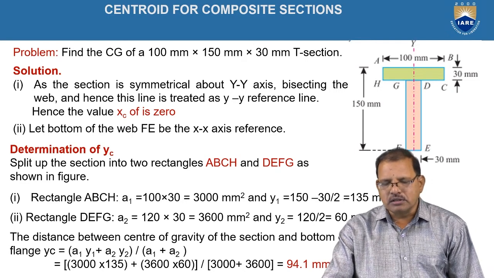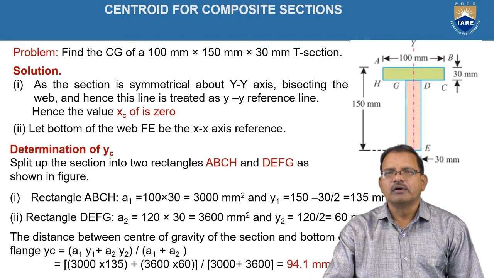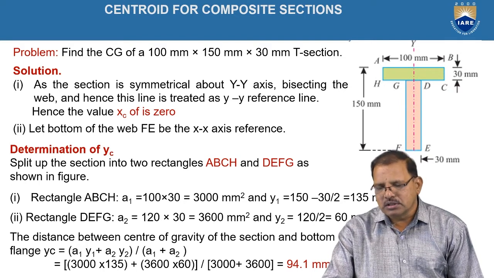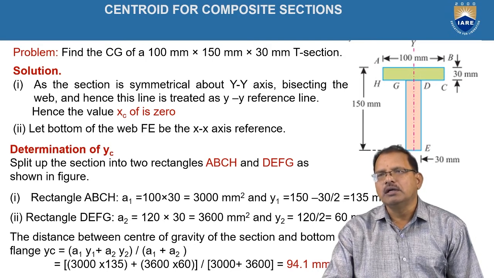The dimensions of the given T-shaped object are 100 by 150 mm into 30 mm. 100 mm represents the web length, the total height is 150 mm and the thickness of the web is 30 mm. Hence, this object can be divided easily into two rectangular components, represented here as A, B, H, C, and the other E, F, G, D.